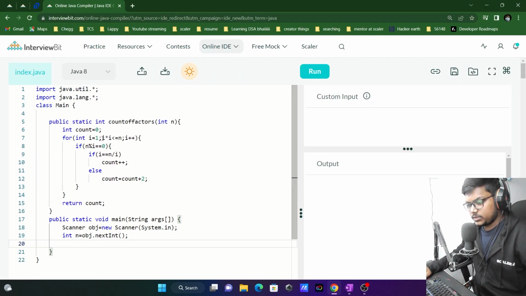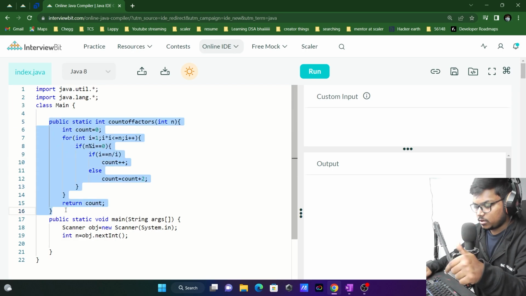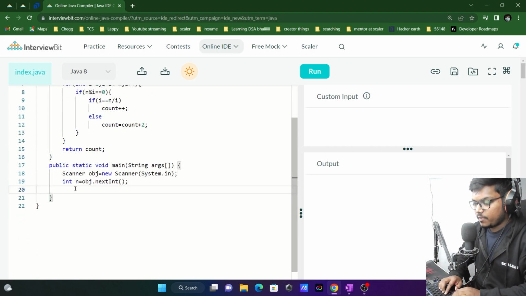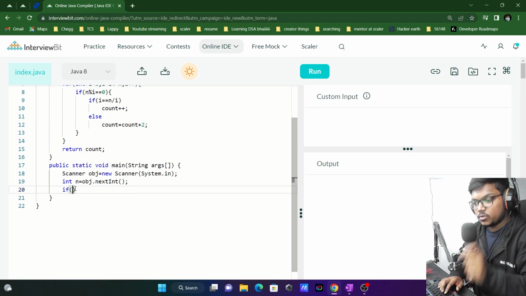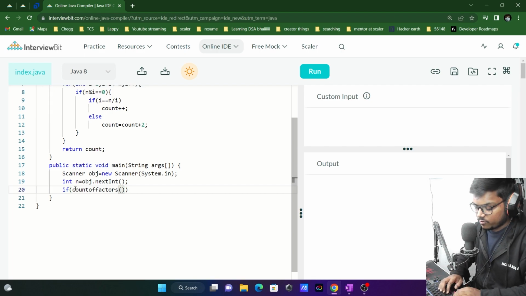So this is my code for count of factors. If you don't understand this code, please refer to my previous video. Now I have taken n. As we said, we'll check if the count of factors of n is equal to 2.